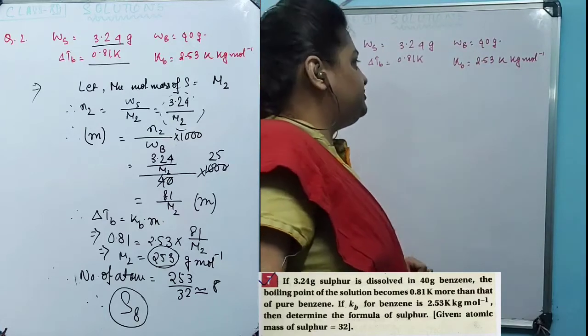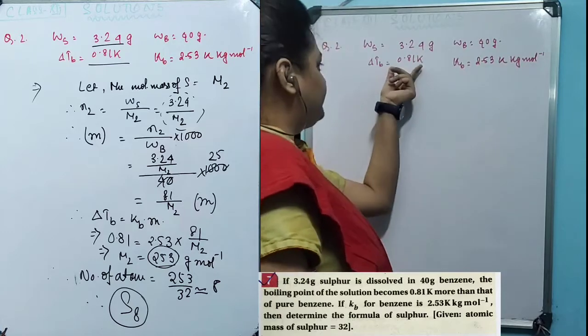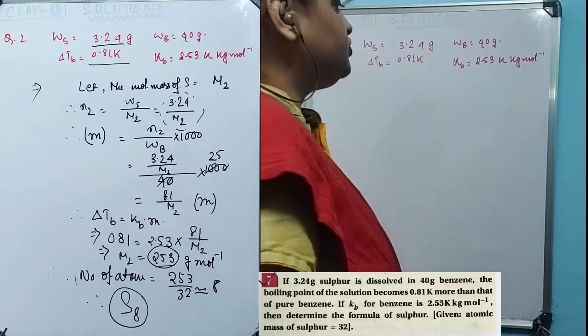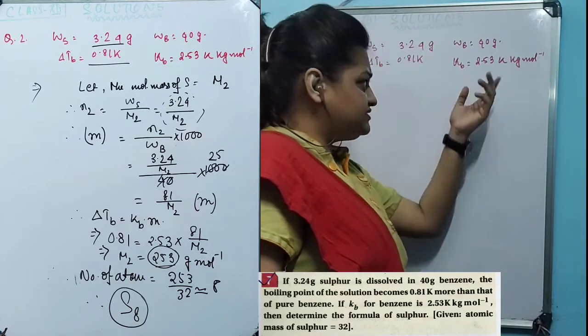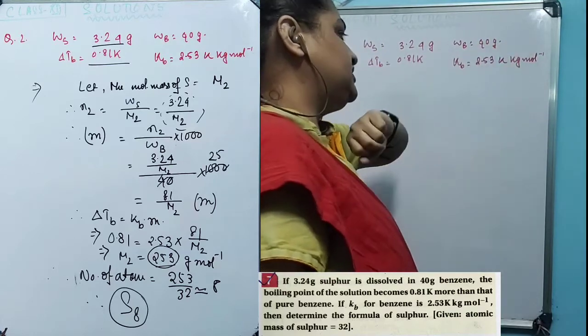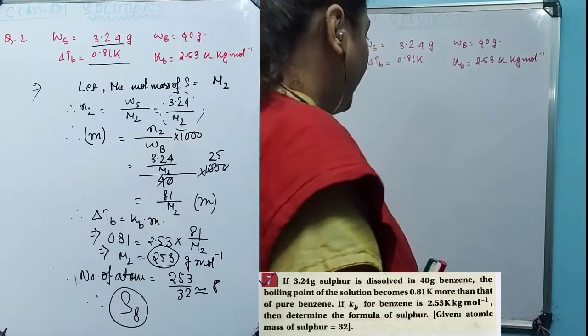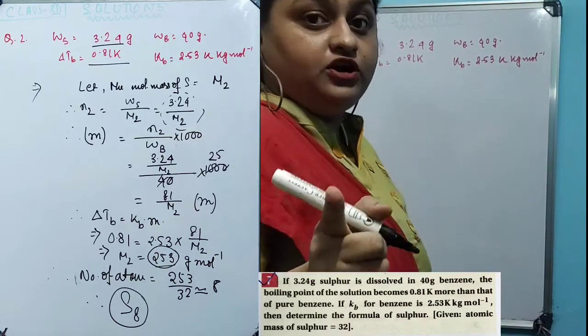The delta TB, the elevation in boiling point, is given, that is 0.81 Kelvin, and the boiling point elevation constant for benzene is also given, that is 2.53 Kelvin kg mole inverse, and they have asked you to calculate the molecular formula of the sulfur.